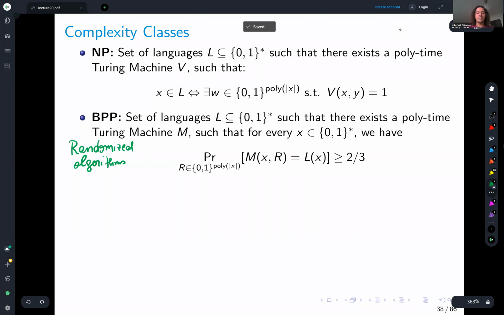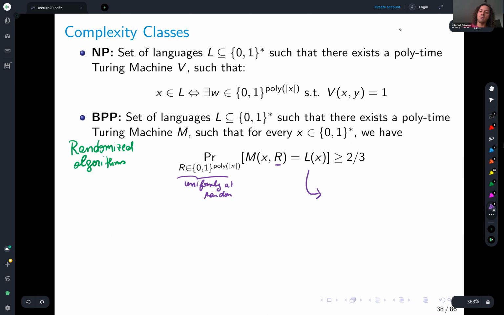And what is this class? It's a set of languages again, where a language is just a subset of all the inputs, such that there exists a polytime Turing machine M such that for every input X, if I take a random string R that is small, poly size and uniformly random, and give it to my Turing machine M, then M(X, R) will be equal to L(X) with high probability.